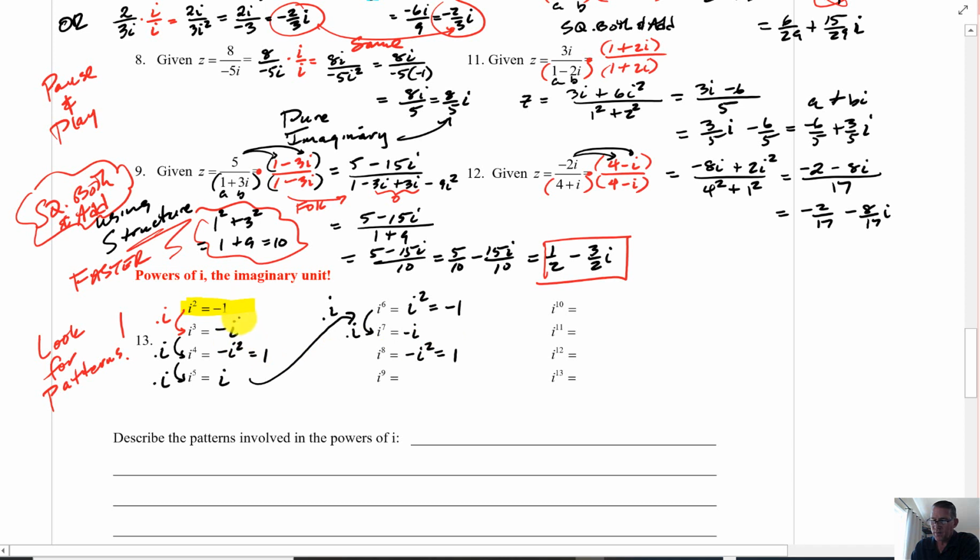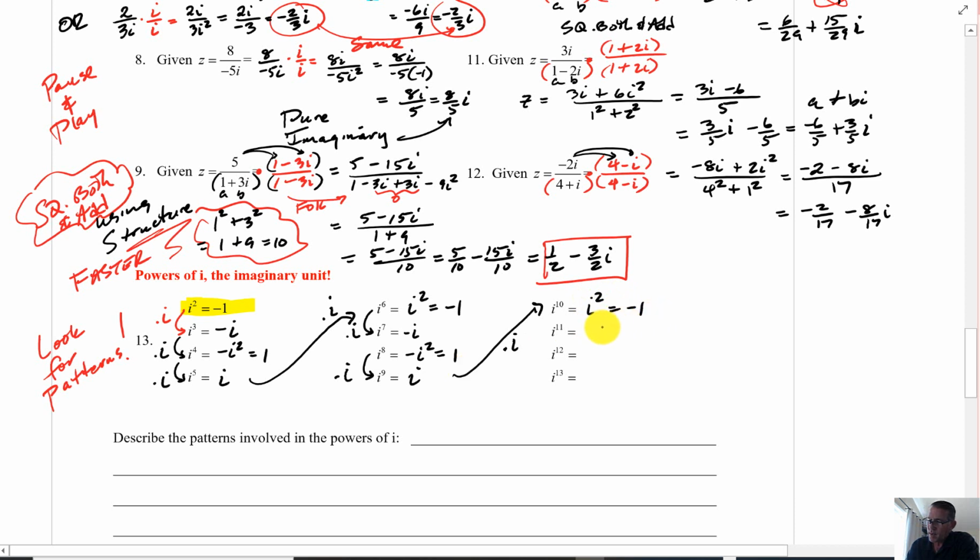Look at that, I went from negative 1 to negative i to 1. On the previous one, negative 1 to negative i to 1. Then again, you multiply it by i. So you get 1 times i is i. Oh, so we get the same 4 as the first 4. Does that keep happening? To get to i to the 10th, you multiply i to the 9th times i. So i times i gives you i squared, which is negative 1.